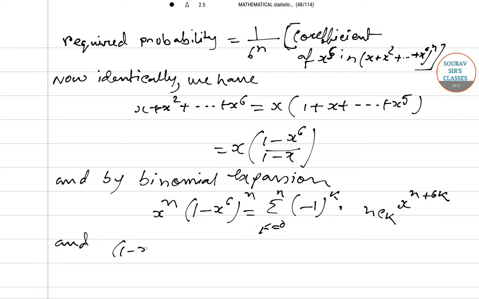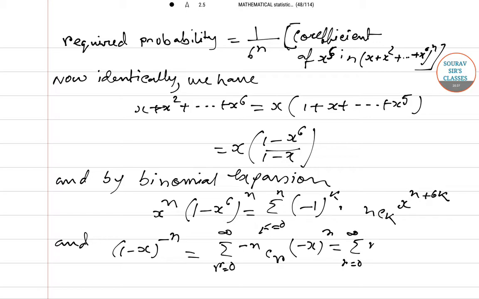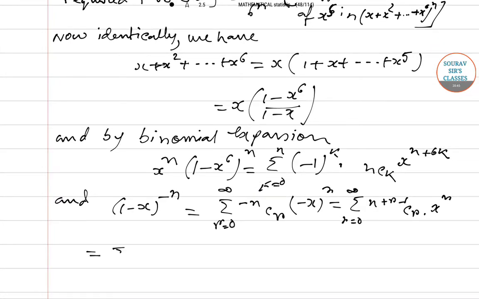And (1 minus x) to the power minus n equals summation r equals 0 to infinity of minus nCr times (minus x) to the power r, which equals summation r equals 0 to infinity of (n plus r minus 1)Cr times x to the power r, which equals summation r equals 0 to infinity of (n plus r minus 1)C(n minus 1) times x to the power r. So we can write it this way.